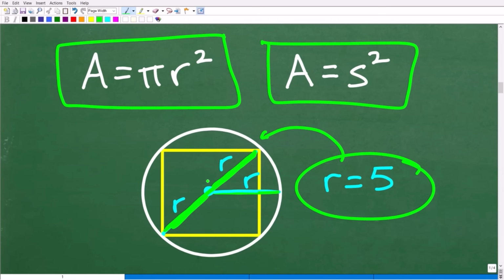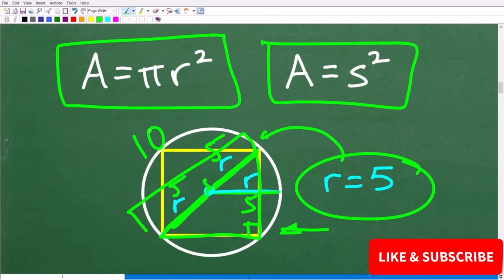This is the diameter, so it's two radii. If this is 5, because the radius is 5, and this is 5, we have a right triangle right here because this is a square, and a square has, by definition, a 90-degree angle. So really what we have is a lovely right triangle with the hypotenuse, this right here, being 10.